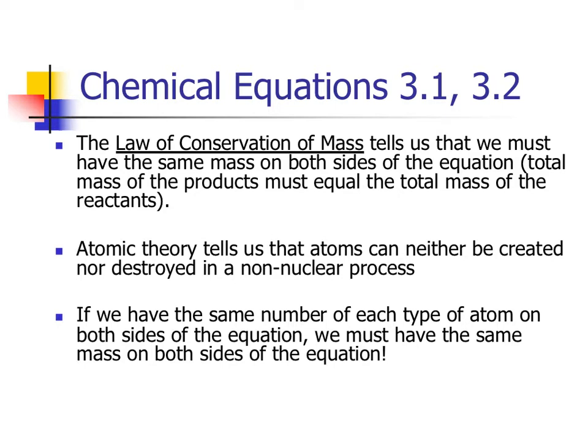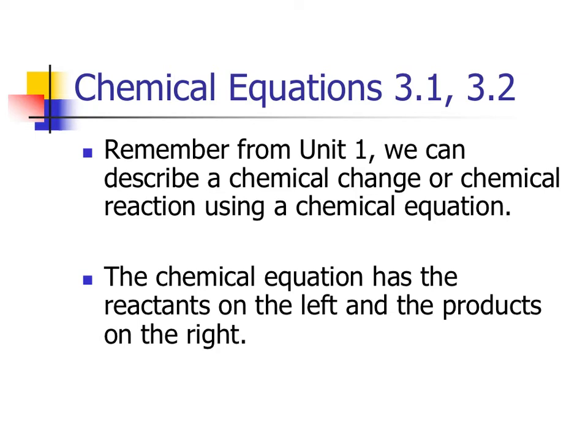So basically, we need to figure out a way to make sure that the number of atoms on each side of our equations are equal. Back in Unit 1, we described changes in a chemical reaction using a chemical equation. We talked about ways to identify chemical changes, and therefore that a chemical reaction was happening. At the time, we didn't look at all the specifics. We just wanted to see whether a chemical reaction is taking place.